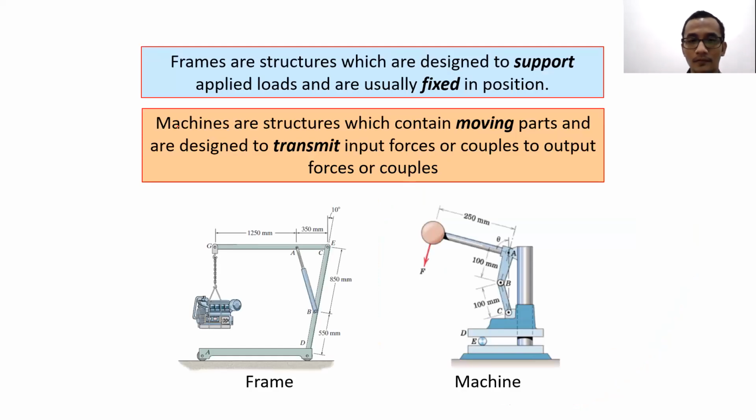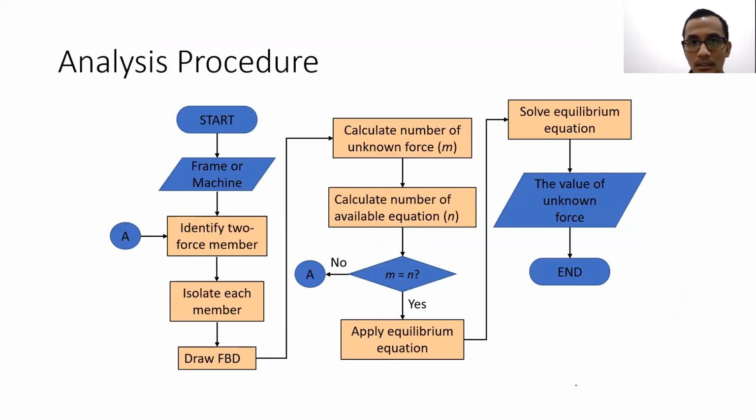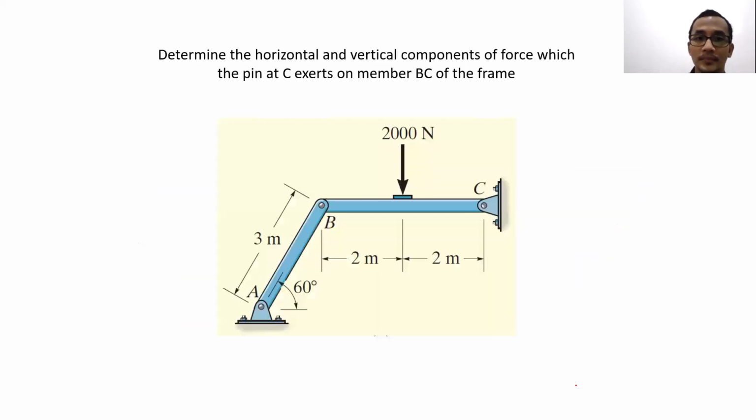This is some example of a frame and a machine. This is the flow chart from Pak Ferry, and the flow chart is correct. You're supposed to follow the flow chart to solve the frame and machine problem, but not necessarily all the steps.